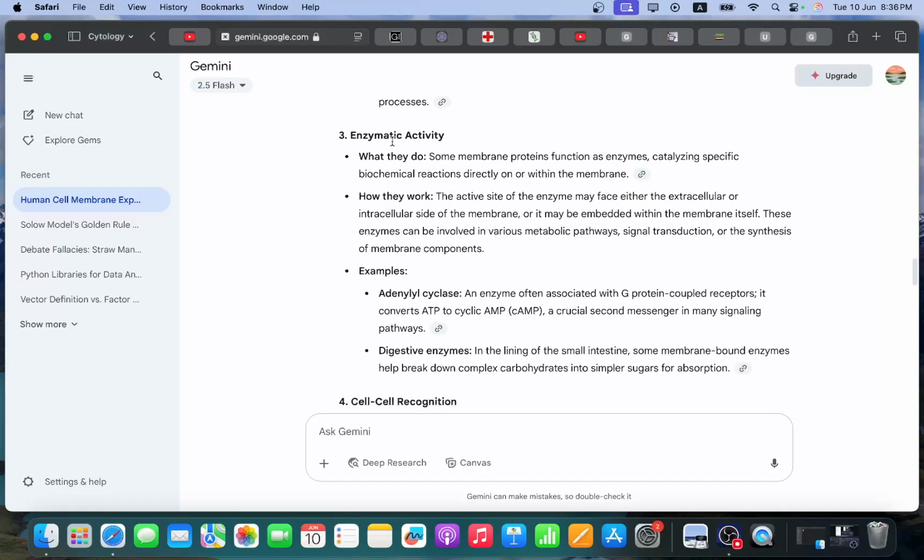Okay. Enzyme activity, what they do: some membrane proteins function as enzymes, catalyzing specific biochemical reactions directly on or within the membrane.